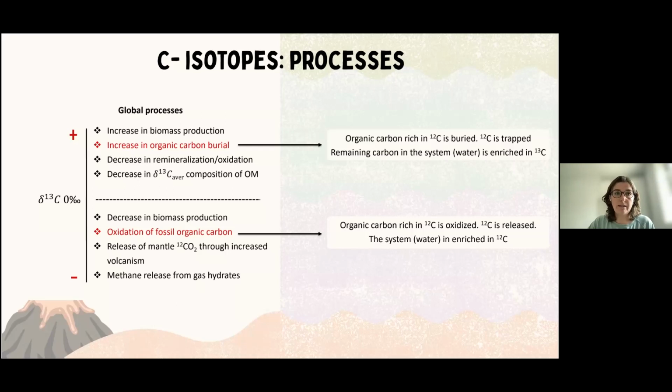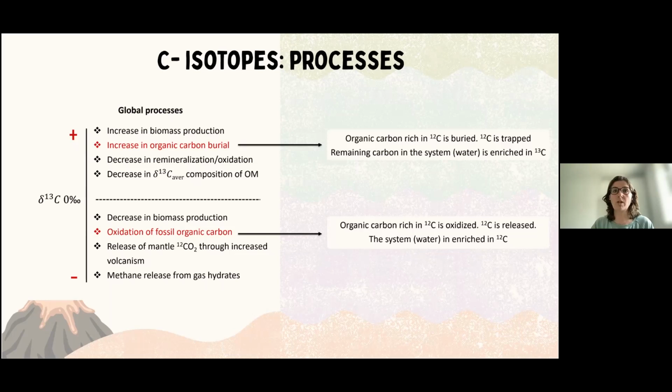But we can also get negative values of delta carbon-13, and the processes that lead to these negative values are usually the opposite of the positive ones. For example, we can get negative values if there is a decrease in biomass production, if there is release of CO2 from the mantle, or methane that can be released from gas hydrates in the ocean. But again, the primary driver is the oxidation of organic carbon.